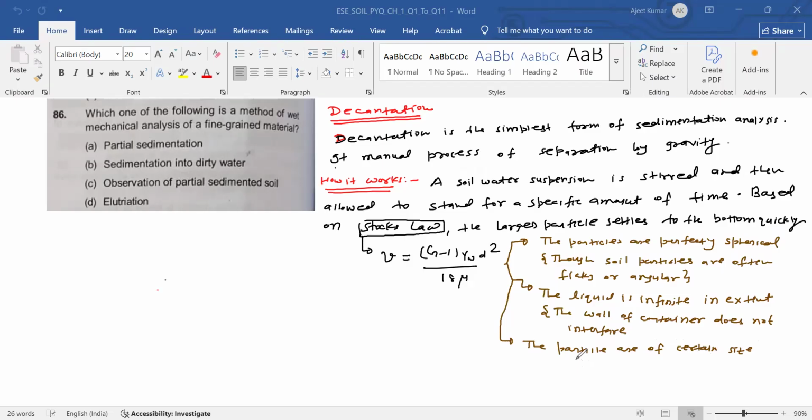The particle size should be in between 0.2 mm to 0.0002 mm. Okay. If the particle is in this range, then Stokes law will work. Otherwise, Stokes law will not work. Okay. So why is it so?